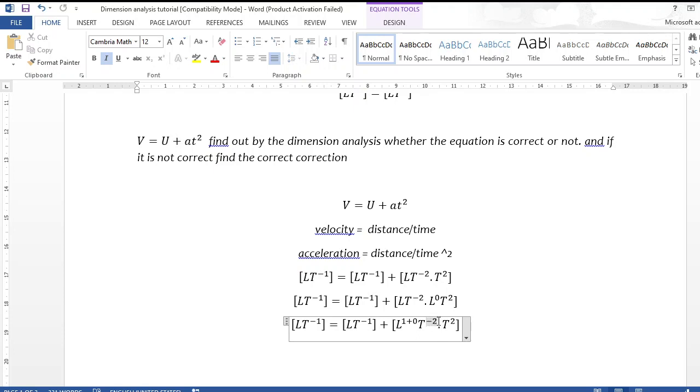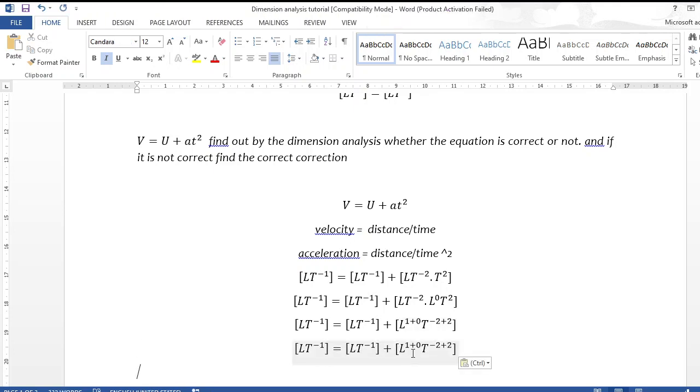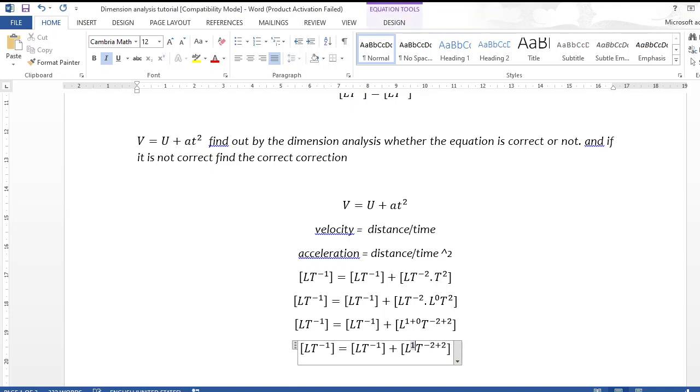So I have a power of 2 plus the other 2 coming from here. If you evaluate this equation at the end, you have L to the power 1 plus 0, which is only 1. And for t, negative 2 plus 2 will give you a 0, a power of 0.